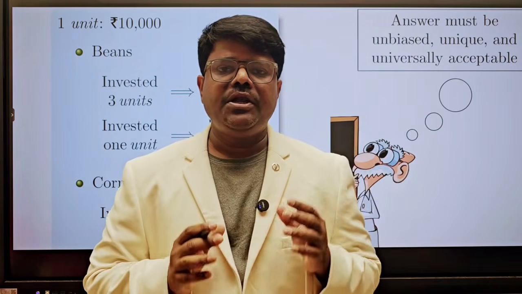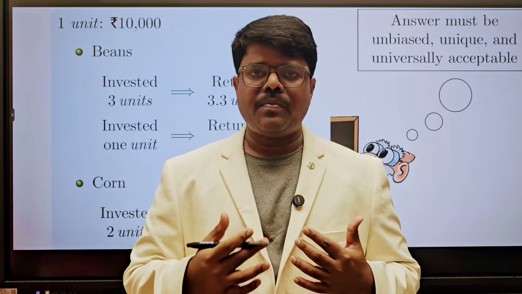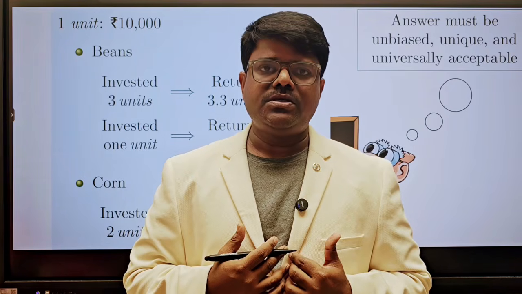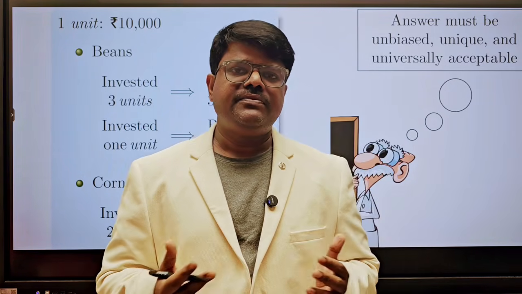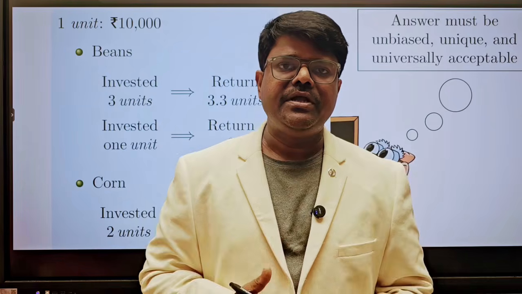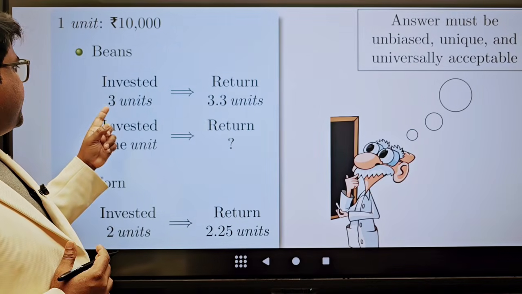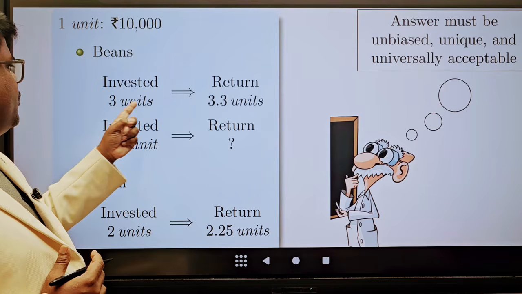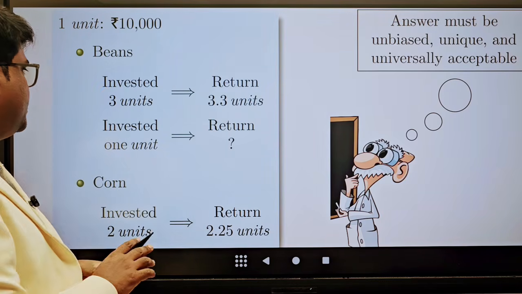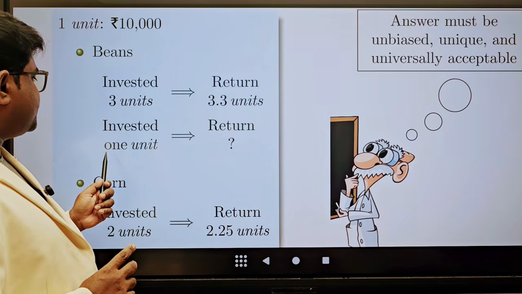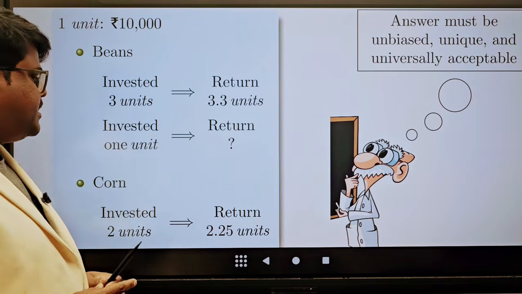I am fixing 1 unit equal to 10,000. This is for my convenience, to make the calculation very easy. See here, for beans, investment is 3 units, return is 3.3 units. For investment of 1 unit, how much return will there be?